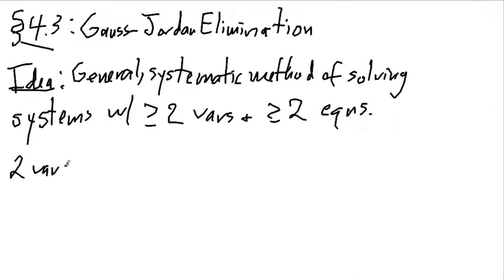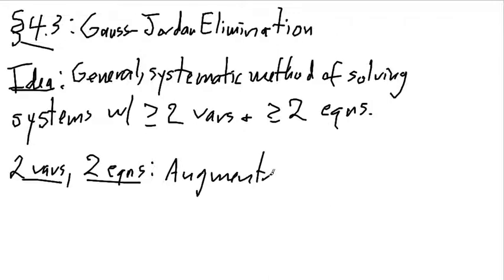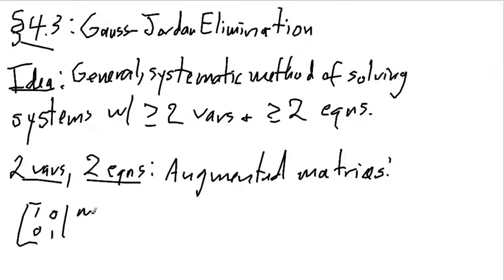When we were dealing with augmented matrices, we were able to transform into one of three sorts of scenarios using row operations. We could have something that looked like this, or we could have something that looked like this.